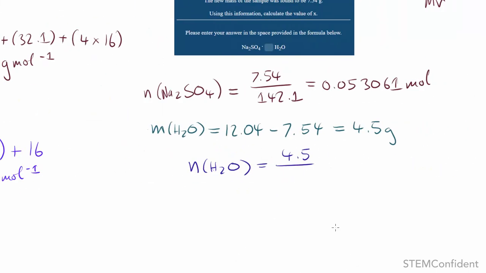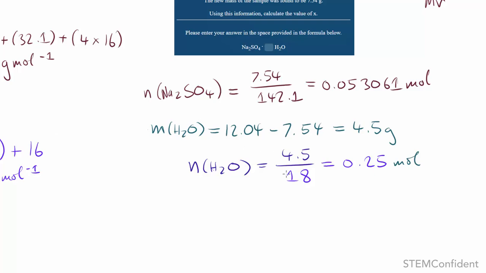So here we're going to have 18. Okay, so if you do work that out, you should find that you get 0.25. Okay, right. And that's going to be in moles, by the way.